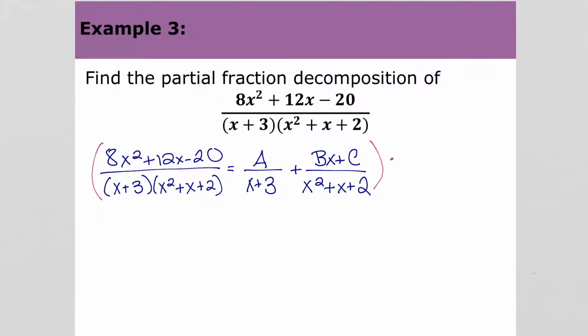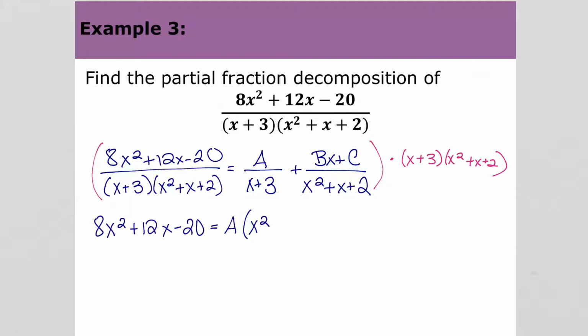Multiply by what we have on bottom. And we'll get 8x squared plus 12x minus 20 is equal to, x plus 3's cancel out, so we've got a times x squared plus x plus 2.